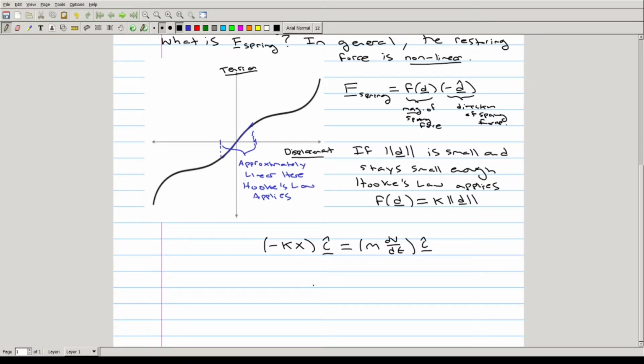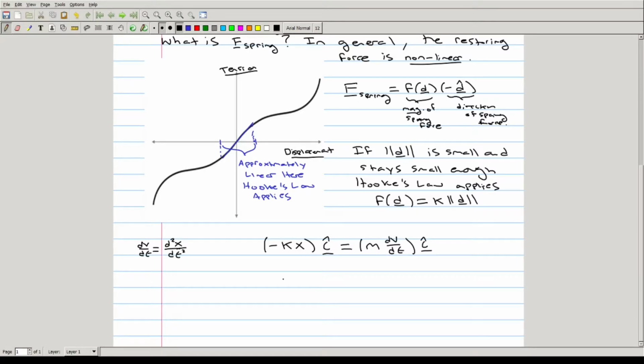If we express dv dt in terms of x, v is the x velocity because we only have one velocity component, so this is d squared x dt squared.